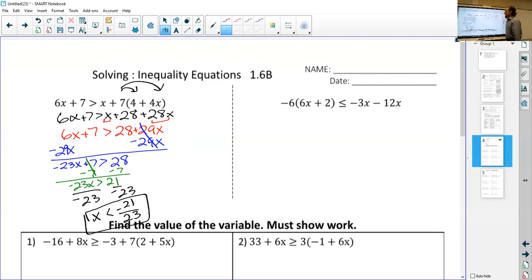Okay. If you had worked this out the opposite way, if you had brought x over and made that 23x, and this would have been negative 21, you would have gotten the same answer.